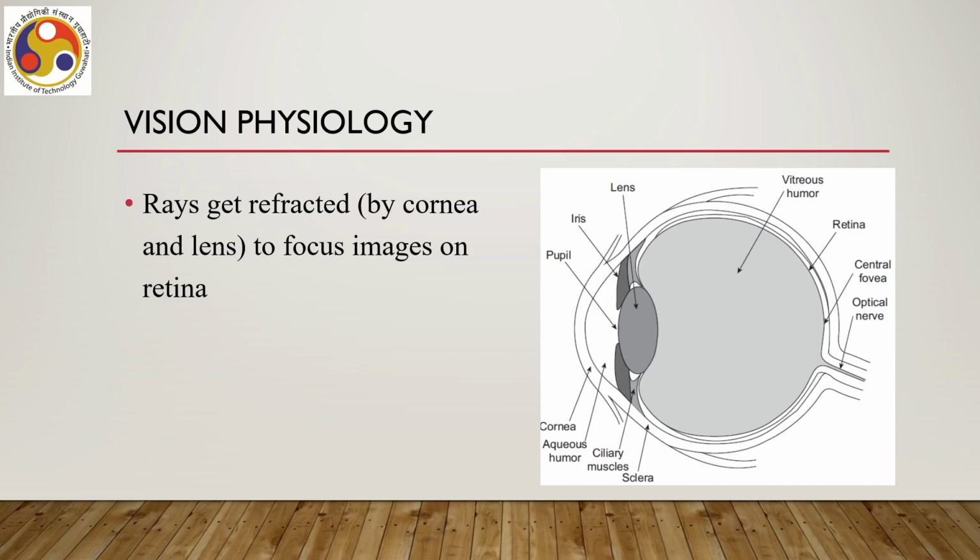Now, when the light rays are travelling through the eye, the rays get refracted by the cornea and lens to focus images on the retina. So, the material that makes up the cornea and the lens refracts the light.